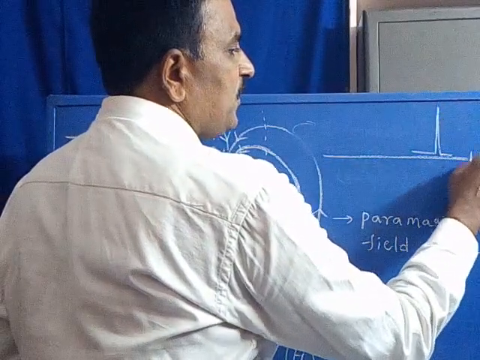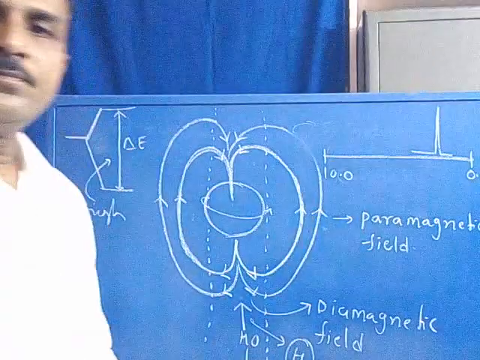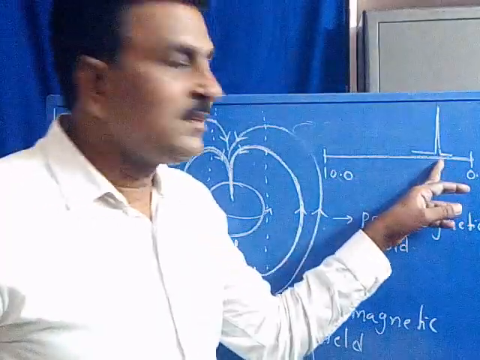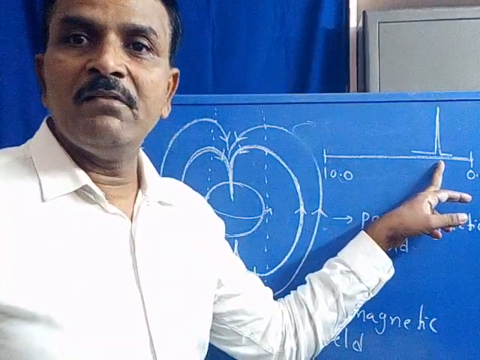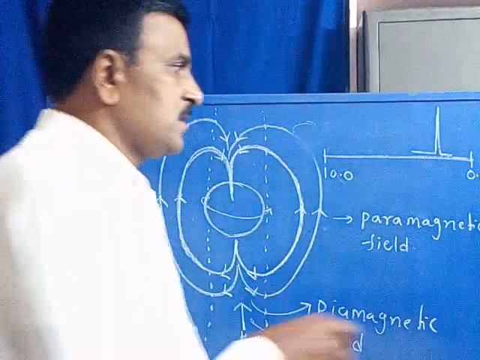Like this, this is 0.0, say this is 10.0. When the proton absorbs a higher frequency, the signal appears at a lower delta value. These signals are called upfield signals.